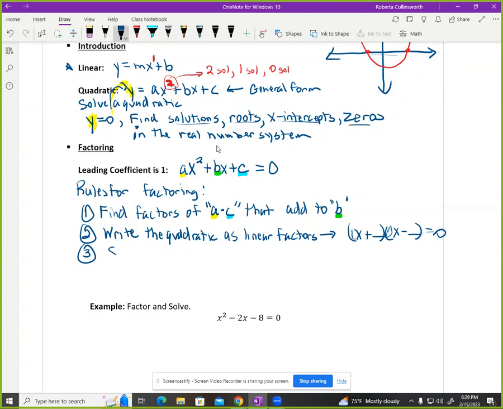Step 3 is you're going to set each linear factor equal to 0 and solve. This is called the zero product property.